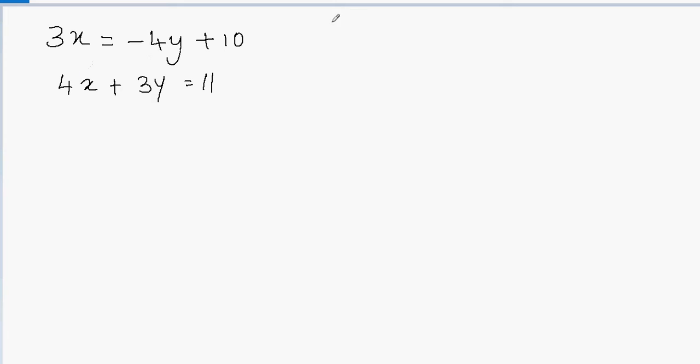So here you have 3x, first equation, minus 4y plus 10. What you have to do is bring negative 4y to the left-hand side, because your variable has to be on the left-hand side and the constant number has to be on the right-hand side. So let's get rid of negative 4y.